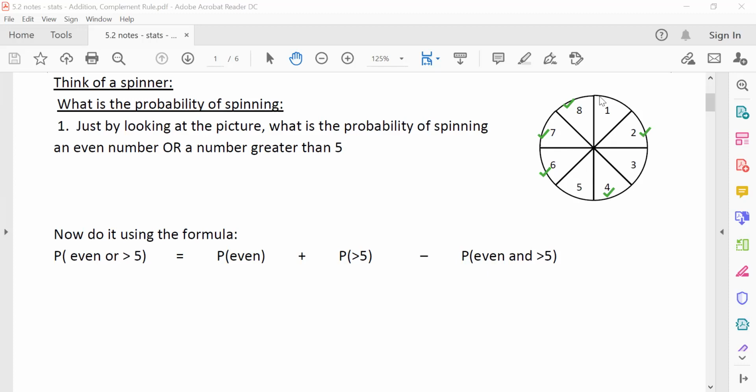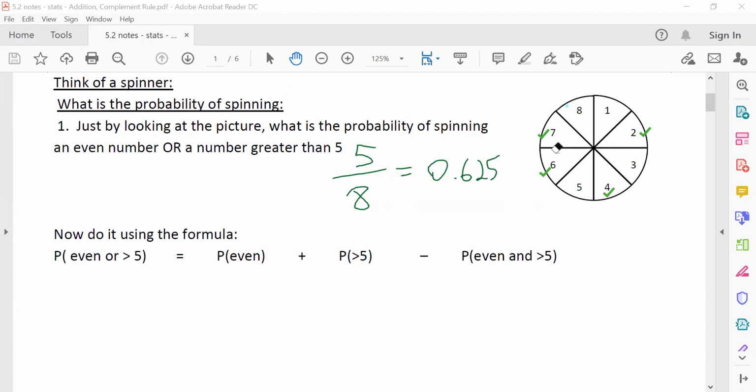And so now out of 8 possibilities, there's 1, 2, 3, 4, 5 that go our way. Thus, just looking at the picture, the probability is 5/8, which is 0.625. 5 out of the 8 slots correspond to what we want.